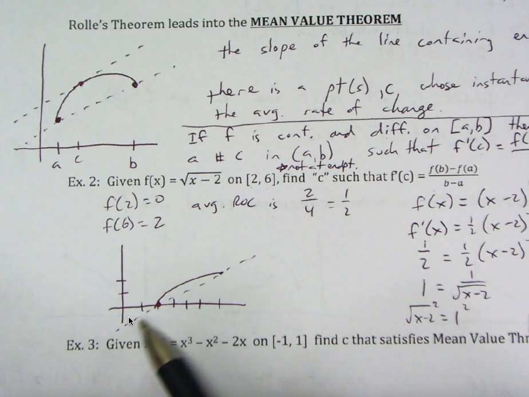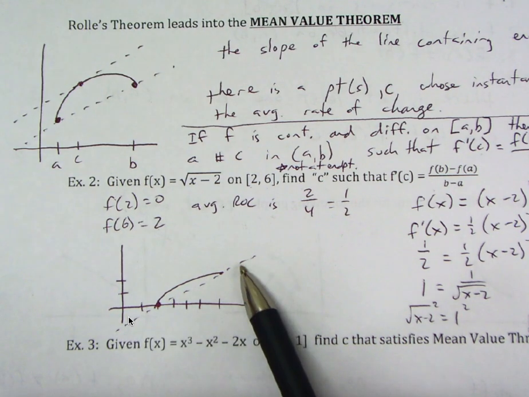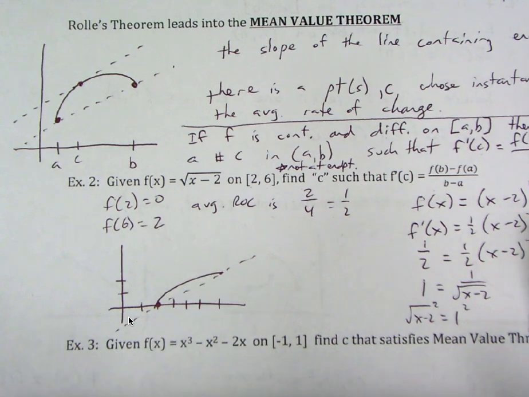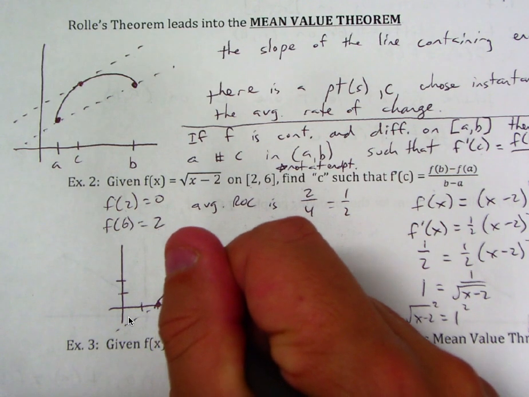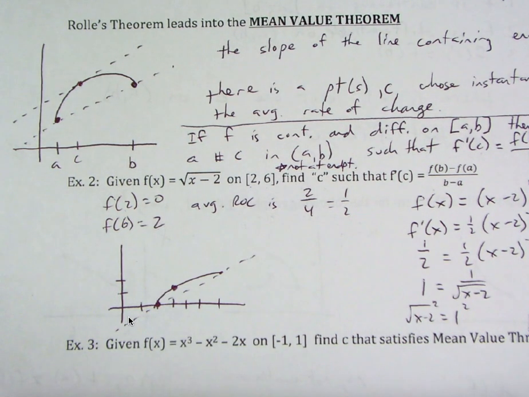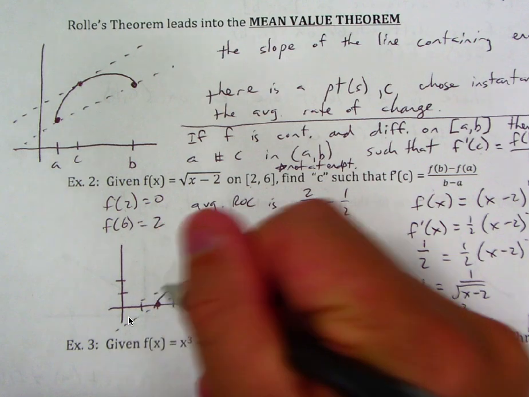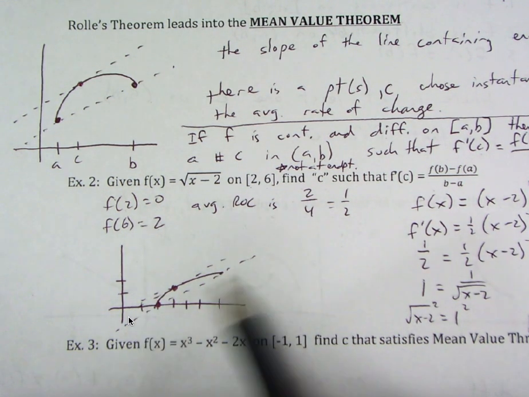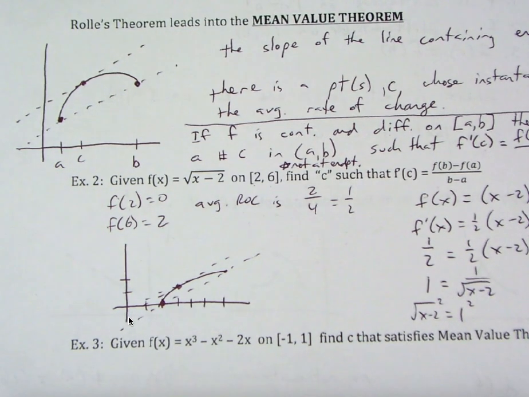Like if I take the slope of that dotted line, I get 1/2. And I'm after where in this interval would the slope of the tangent line also be 1/2. And we just found it to be at 3. So if I take the point on this function at 3 right here, and I draw the tangent line, notice that it's parallel to the average. That's what we just found. I think it's good to see visually.